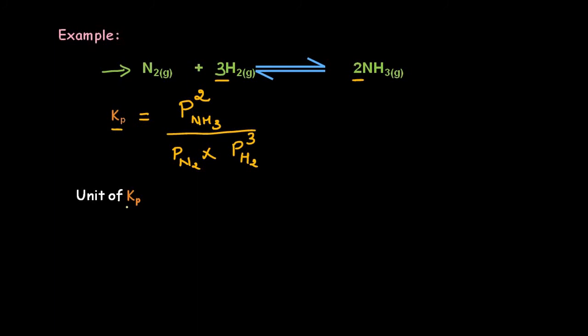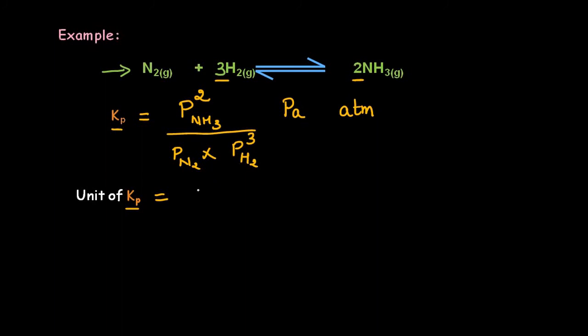Now let's calculate the unit of Kp, which varies with each and every expression or reaction. So here in this example, let's calculate the unit of Kp. Let me be very clear here that most of the time we consider the unit of pressure as Pascal, but at times we consider it as atmosphere also. So either of them can be used.